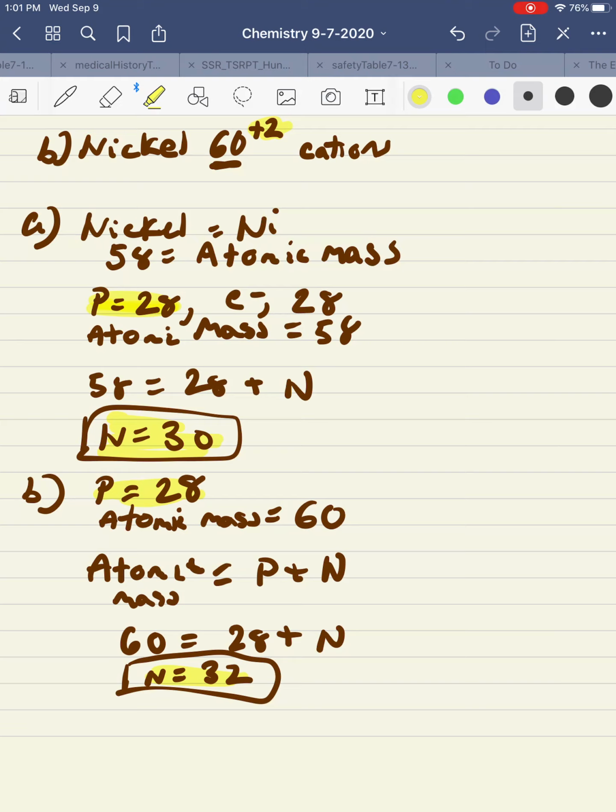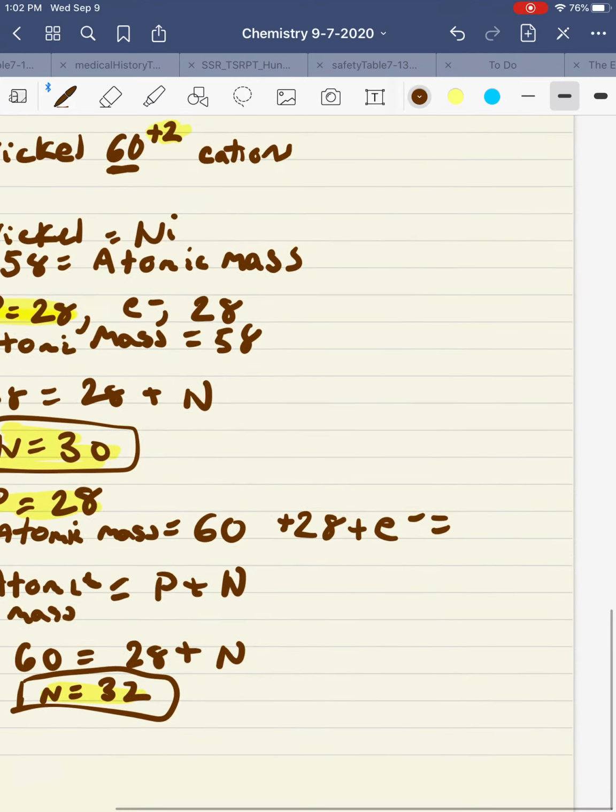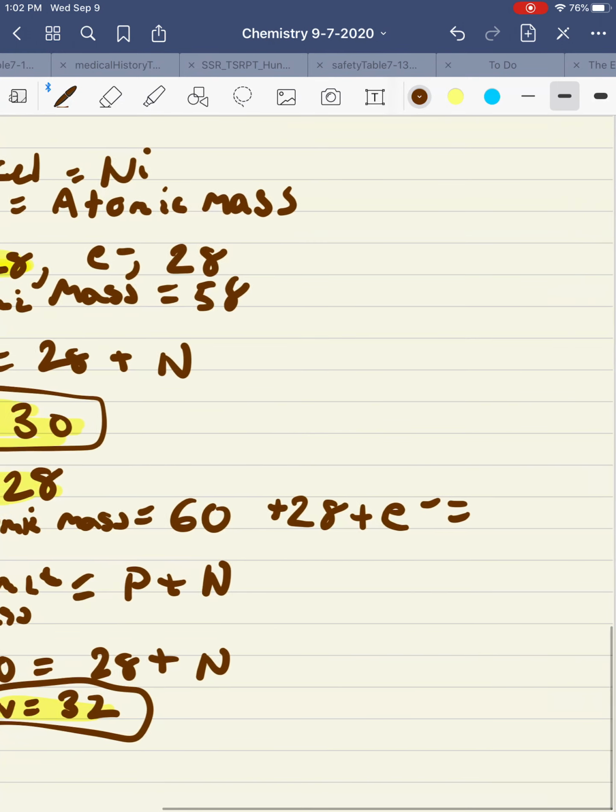So what can you do off the bat, right? If you want to do it systematically, you can say 28 protons minus how many electrons? Or you can actually just say plus electrons is equal, it's got to be +2, right?